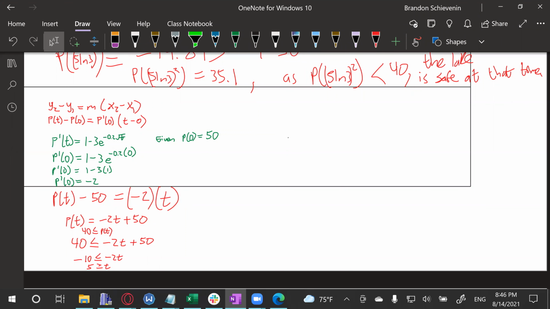Looking at our graph of A prime of t here, A prime changed from positive to negative at our first point. So if A prime changed from positive to negative at about 4.79, was that a relative maximum or a relative minimum?